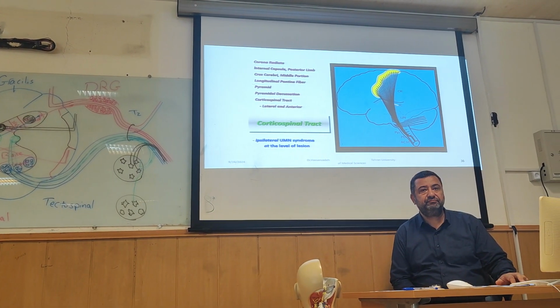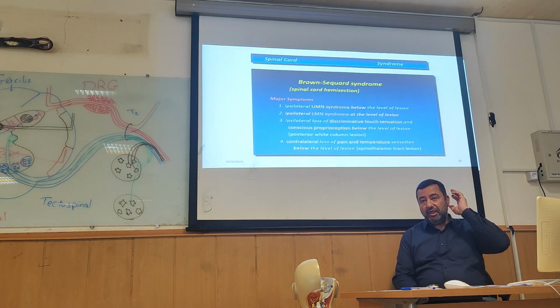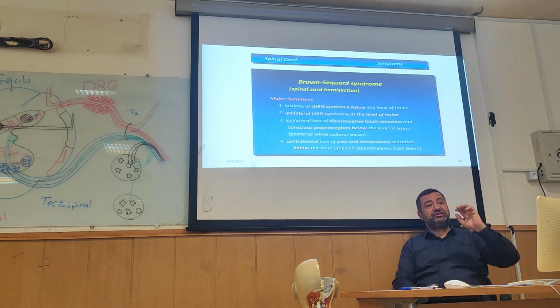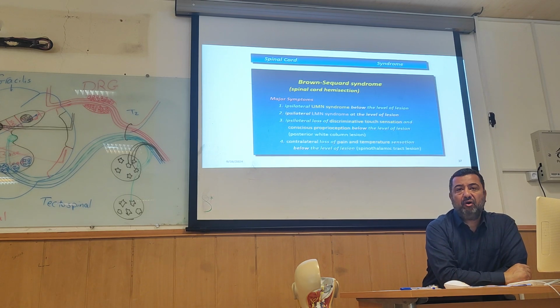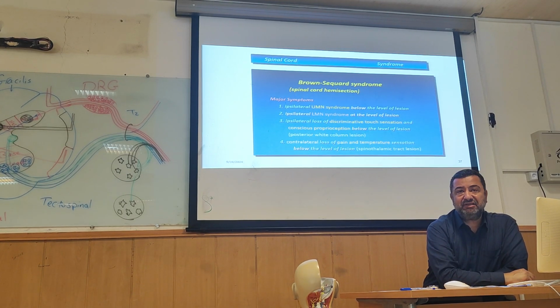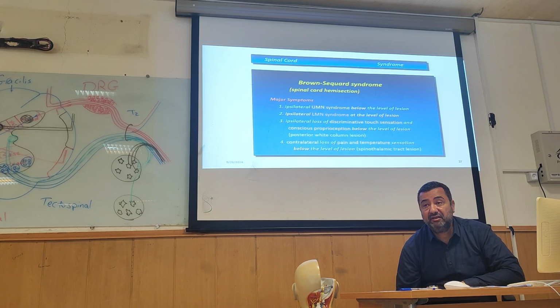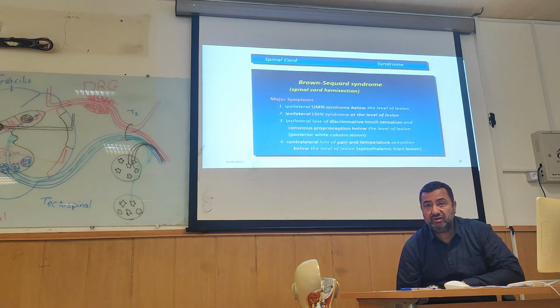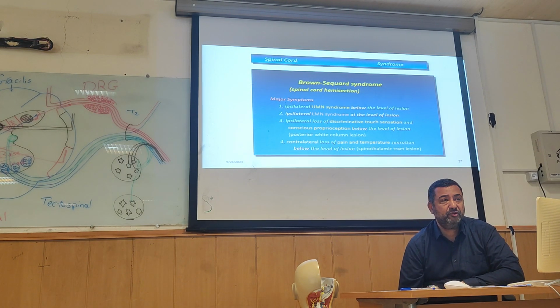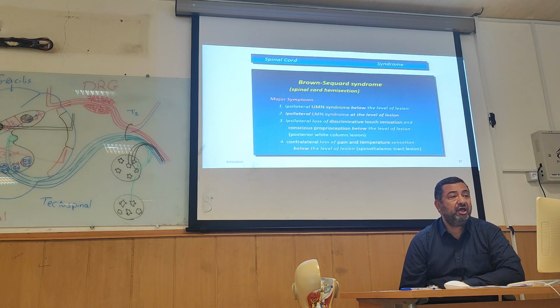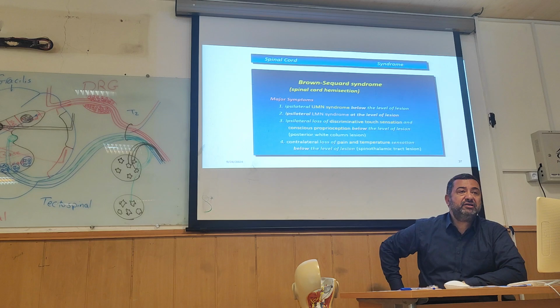Do you have any question? Okay. I ask you, a 27-year-old man, after a car accident, has loss of sensation of pain and temperature on the left side, sensory loss of discriminative touch and vibration on the right lower limb, and paralysis of the right lower limb.